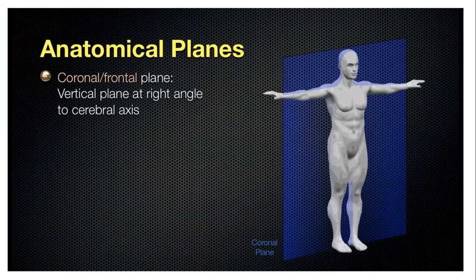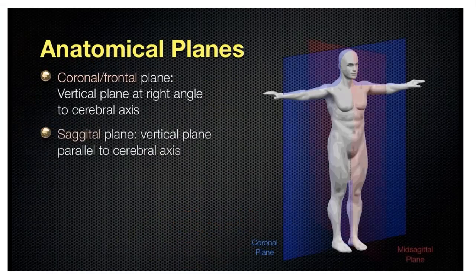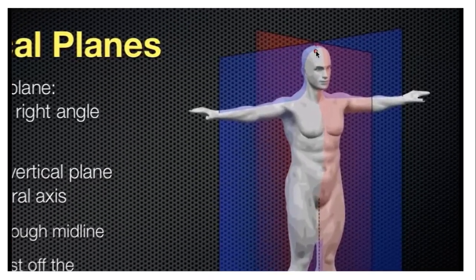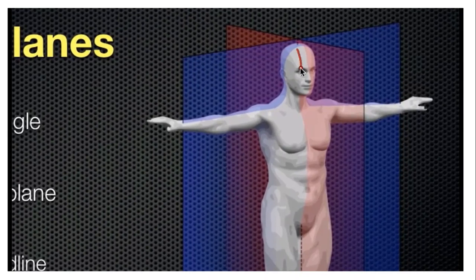And then if you go at a right angle to that, of course, we have the sagittal plane, which is a vertical plane, but it's parallel to the cerebral axis. And you can see that plane over here. Now we have a mid-sagittal plane, which means it goes through the midline, and you can see that plane over here in red. And then we have a parasagittal plane, which is just off the midline. So, for example, a parasagittal plane would go through, instead of the midline, let's say it goes through right about here.